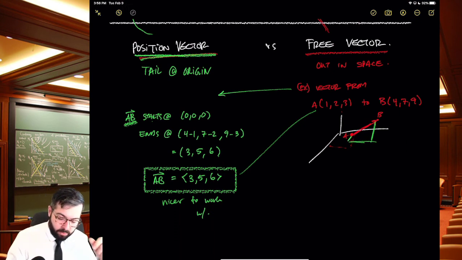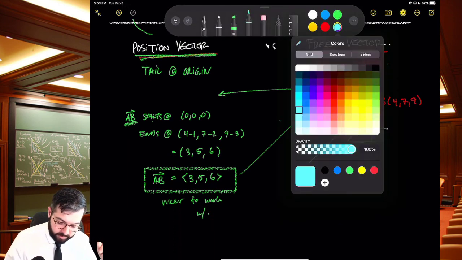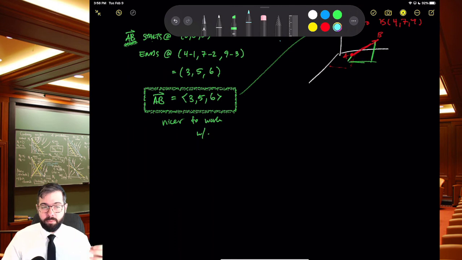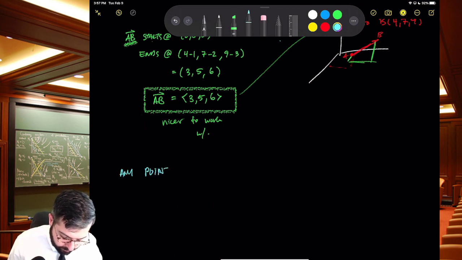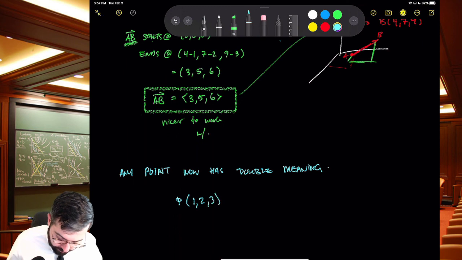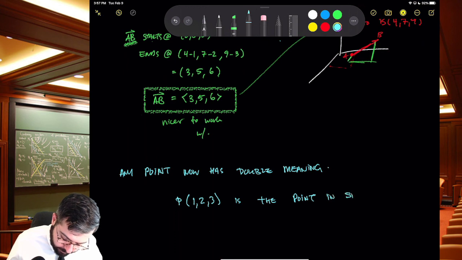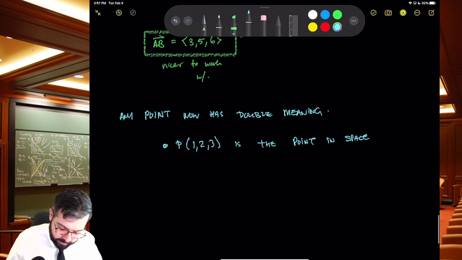So now a quick side note. That's not really a side note. It's something that I want to be cooking in your brain for the rest of this course, which is that any point now has a double meaning to you. So the point P(1, 2, 3) is the point in space, that's meaning 1.